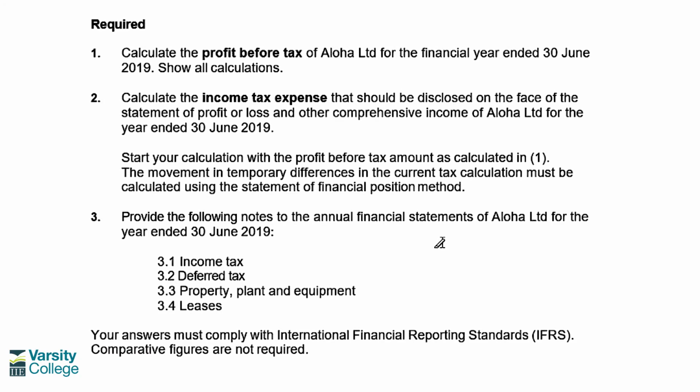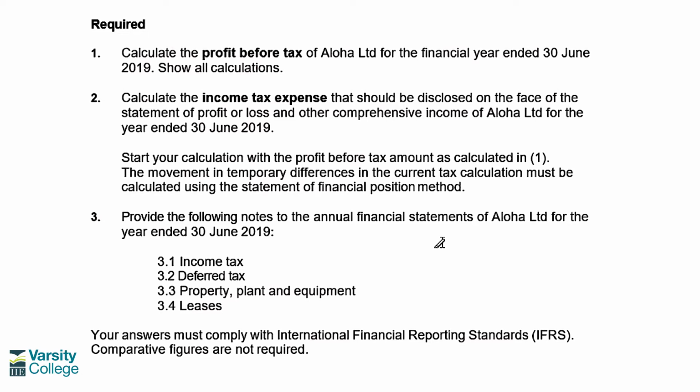Okay, the required is split into 3 parts. The first and second part are pure calculations. Calculate PBT, calculate income tax expense. You're just going to quite simply do them. So when it gets around to doing the actual answer, we're just going to jump straight in and do those 2 parts of the question.